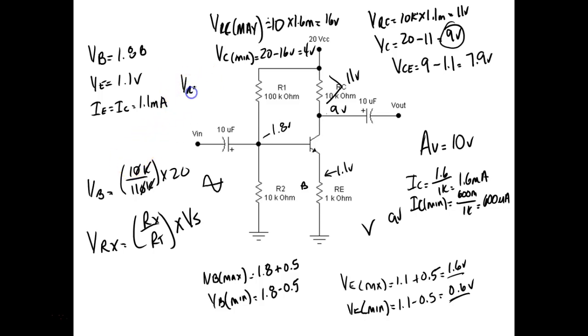And VRC minimum is going to be equal to 10K times 600 microamps. VRC minimum would be equal to what?